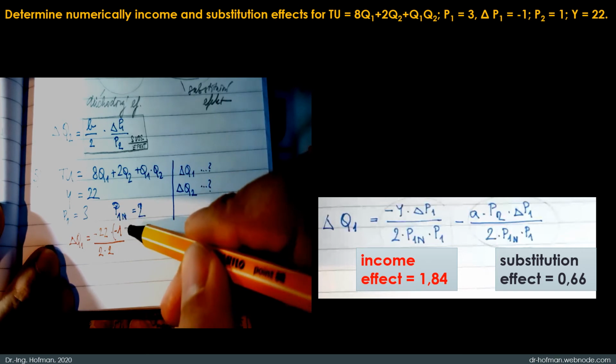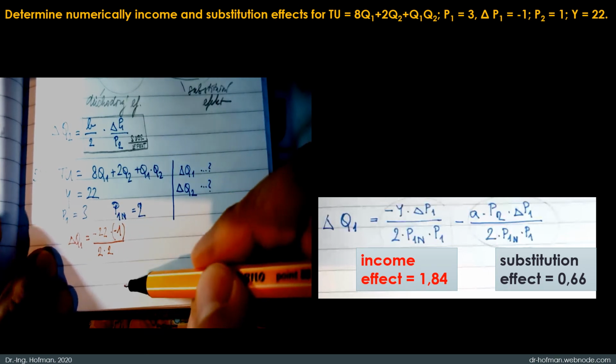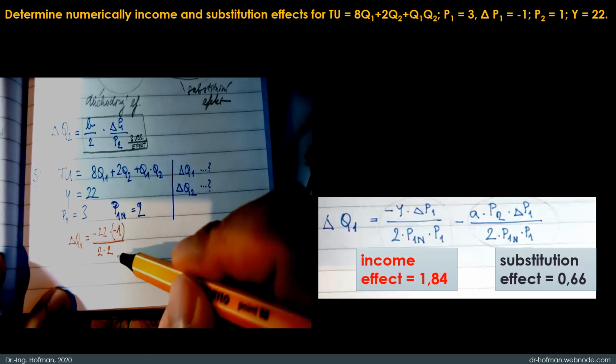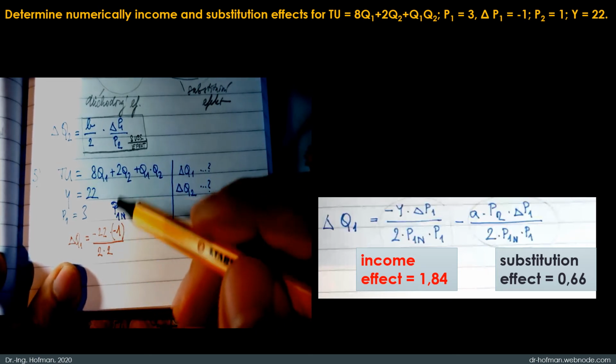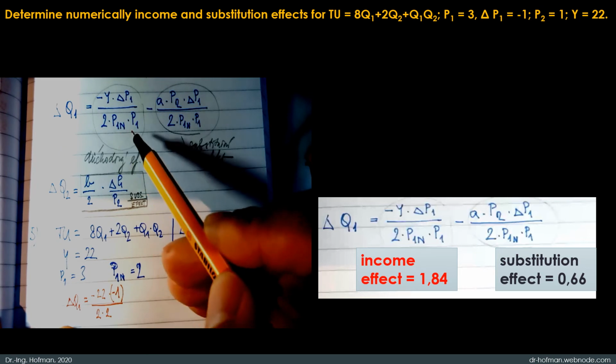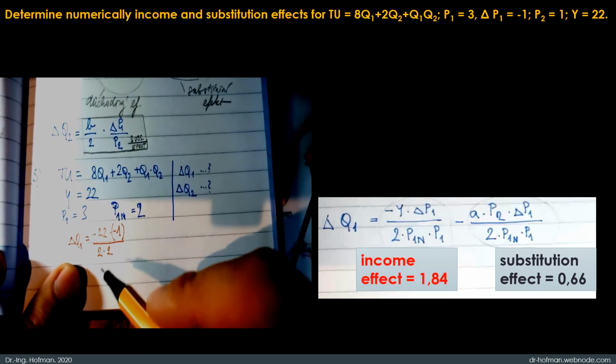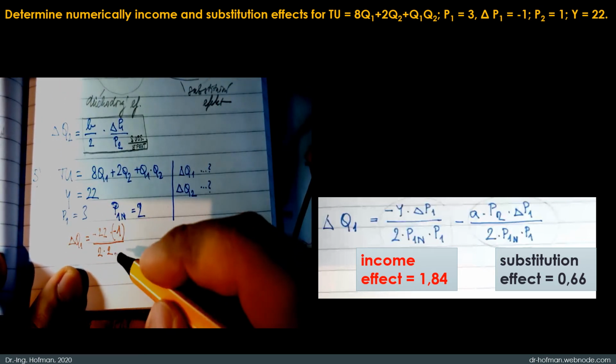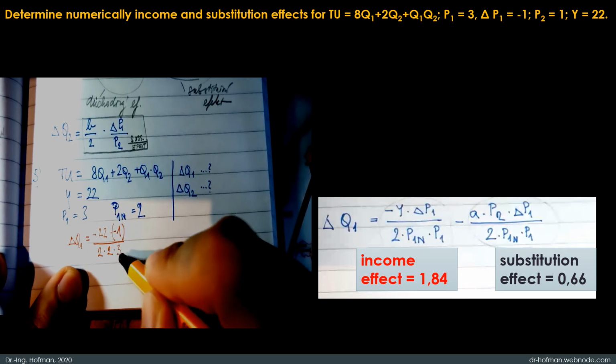And now the last part of our denominator is the price P1, the old one, which was 3. So I will write times 3 in the denominator.